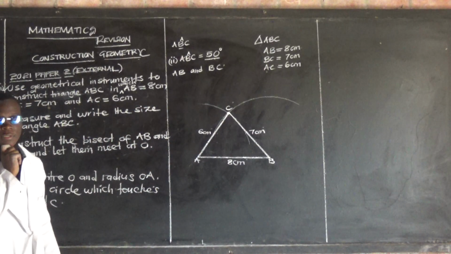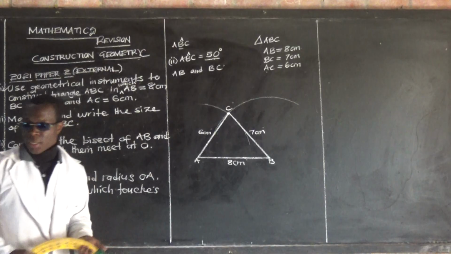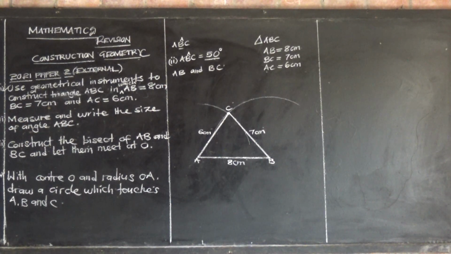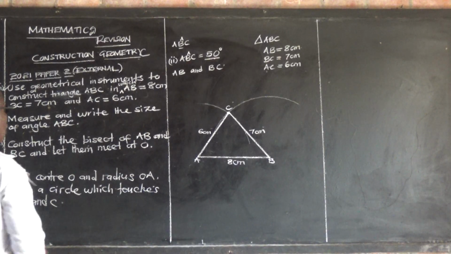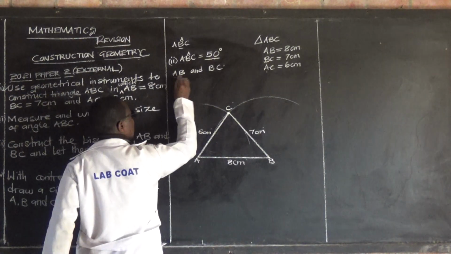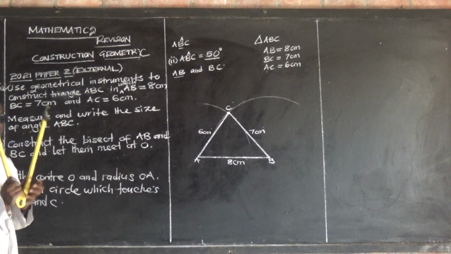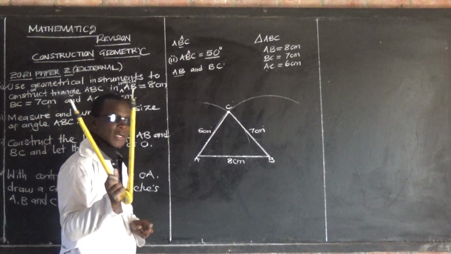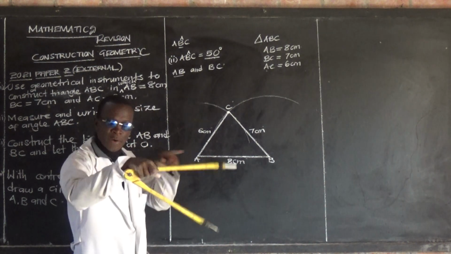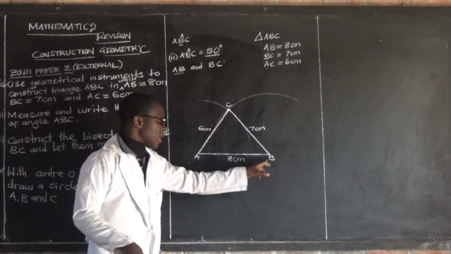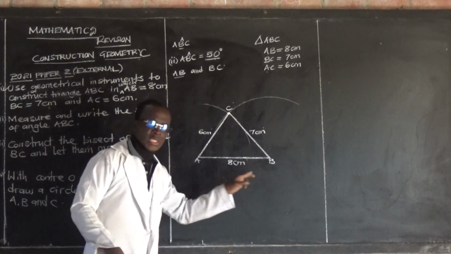Are we together, guys? Now let me show you how to bisect. First use the compass. I want first to bisect AB. Bisecting AB, you're supposed to open your compass more than half of the dimension of AB. Now AB is 8, and half of 8 is 4.